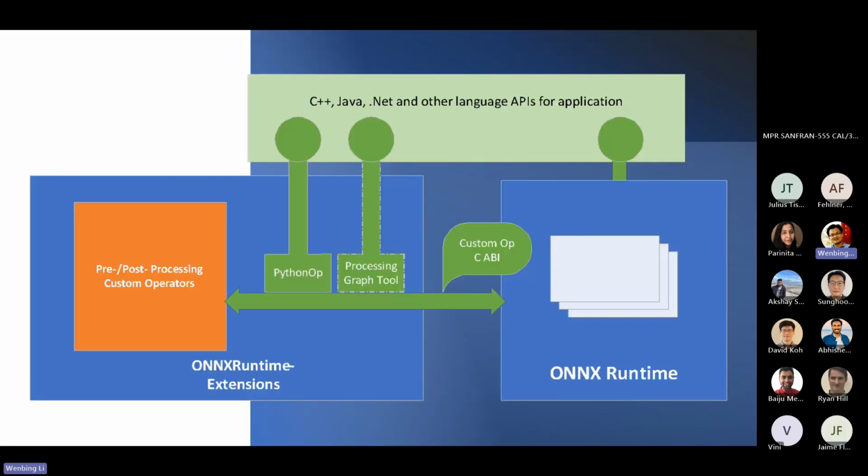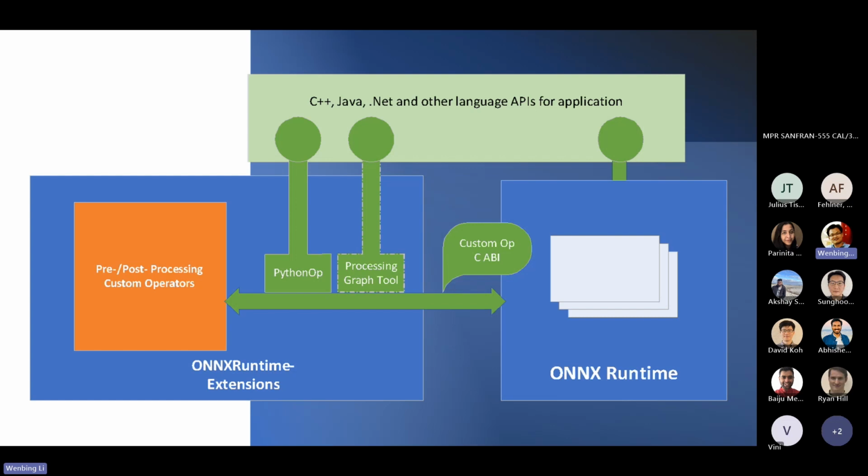So this is an architecture graph that summarizes what I just said. The core part of ONNX Runtime Extensions is a set of pre and post processing operators already implemented in C++, which can be ported to every platform with language bindings, and compiled as different packages like the Java package, .NET package, and mobile package.